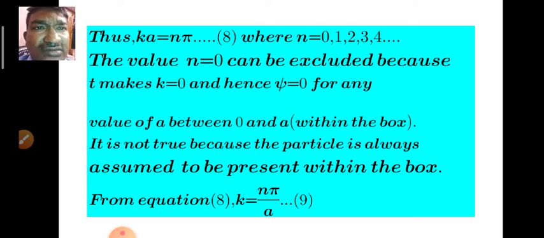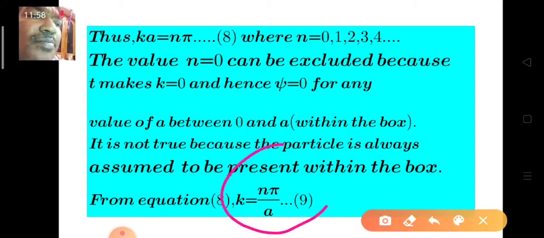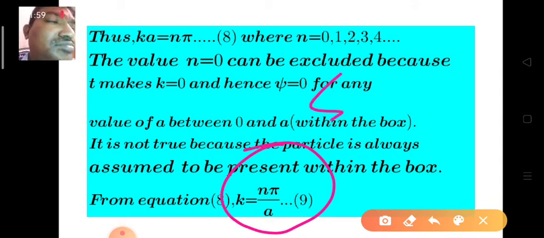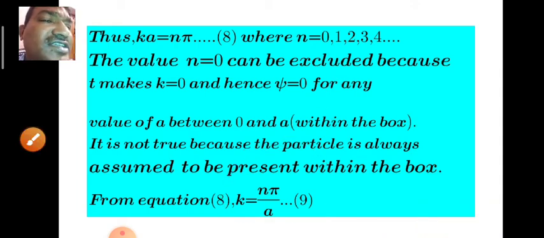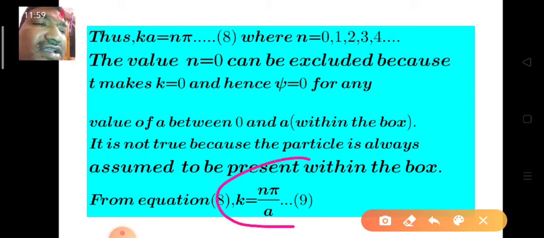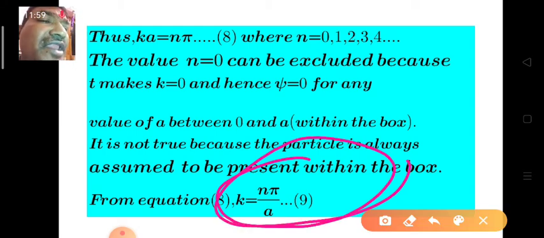The equation ka is equal to n pi becomes k is equal to n pi upon a. We consider it as equation 9.